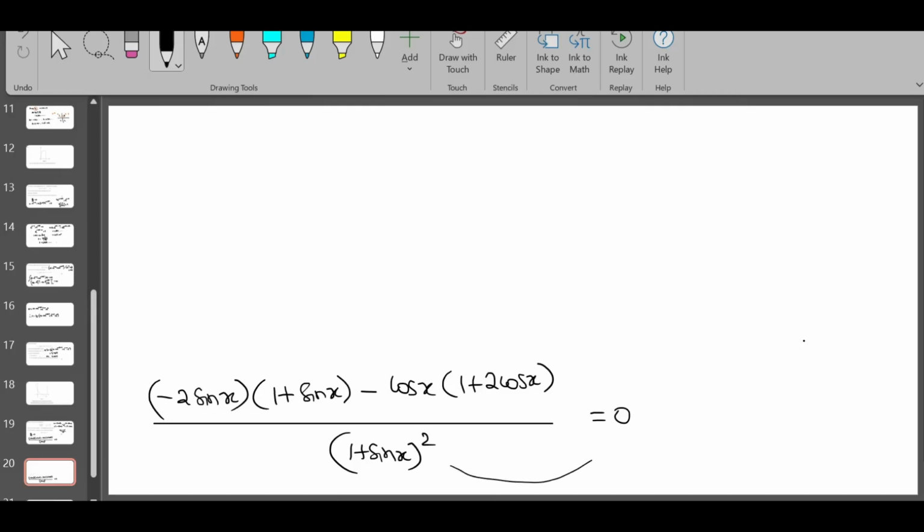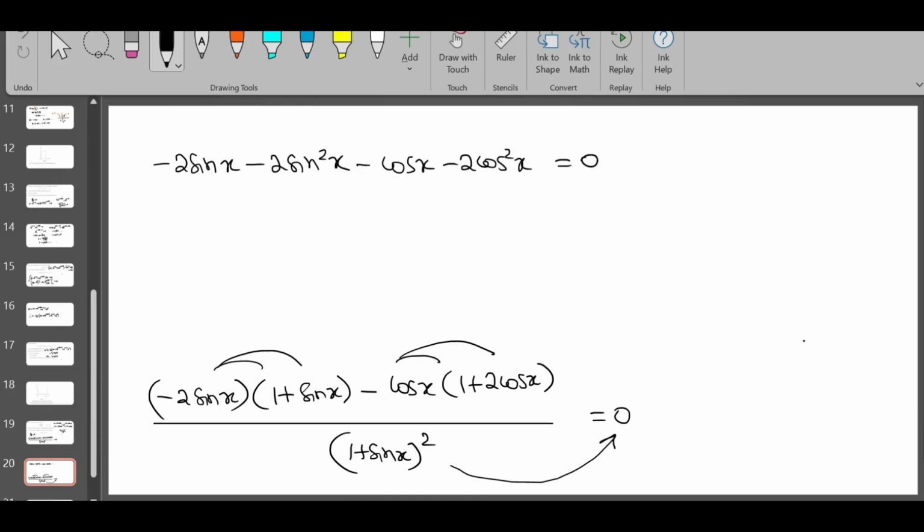So I'm going to move the denominator across now and open the bracket here. So I will get minus 2 sin x minus 2 sin squared x. Here, open the bracket: minus cos x minus 2 cos squared x is 0. From these two terms, take minus 2 as a common factor, you will get minus 2 times sin squared plus cos squared, which is 1, right?